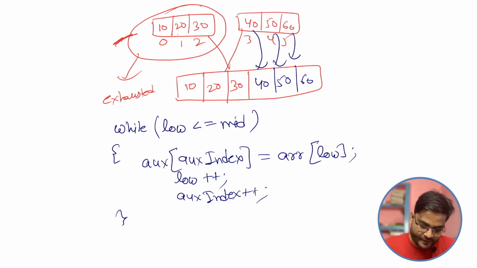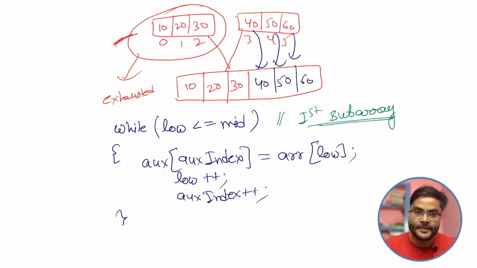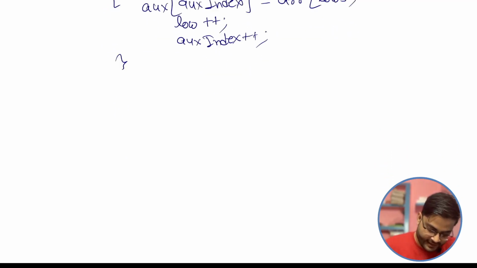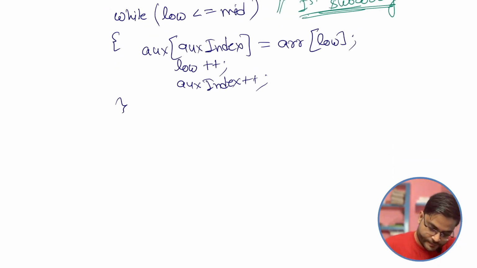The same condition can happen with the second subarray. This I have written for the first subarray, if it contains elements which are not exhausted. Now my second subarray may contain elements, as in this example. So I will write a condition for this also.